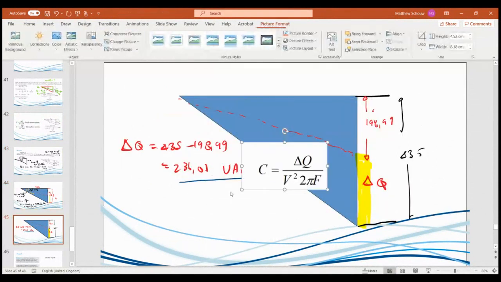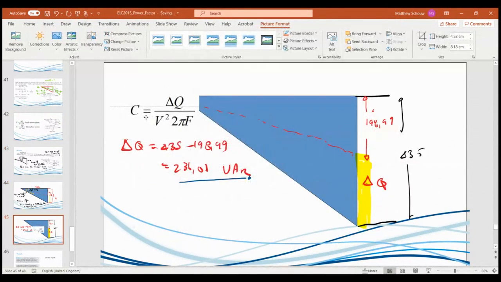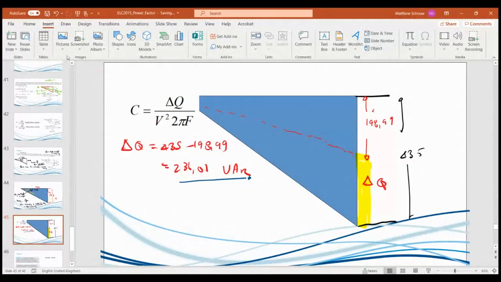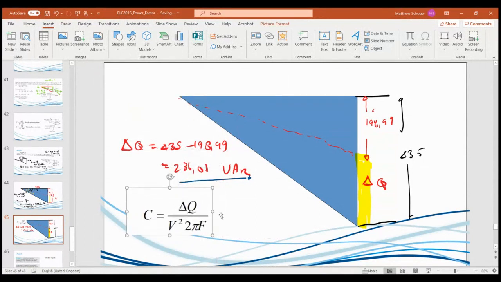Can you guys quickly solve this for me? Here's the formula. How much capacitance do you require for a single phase? How much capacitance do you need? The next step is this formula, and give me your C value, please.